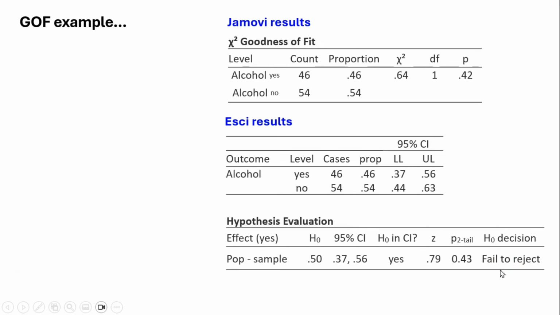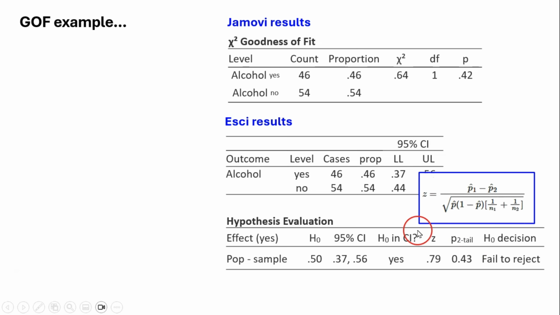So let's interpret that here. Oh, and real quick, just before, there's the little calculation for the Z statistic that will calculate the difference between two proportions. So this is a comparative test for the difference between two proportions, along with Cohen's h as the effect size.